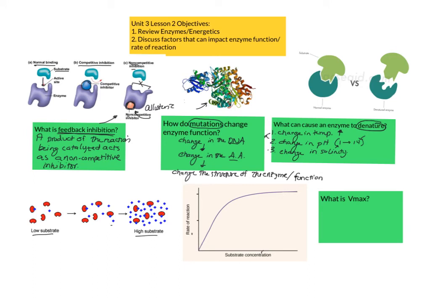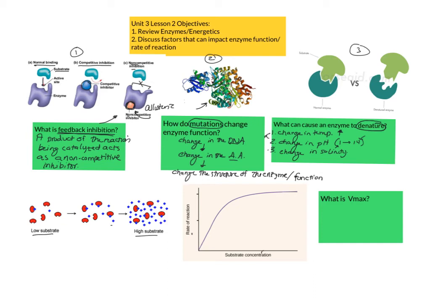All right, now all three of these examples have negatively impacted enzyme function and ultimately slowed down, if not completely stopped, the rate of reaction that the enzyme is catalyzing. I want to talk a little bit about something that can actually increase the rate of reaction. One of the things that can increase the rate of reaction is increasing the amount of substrate. Remember, substrate is what attaches to the active site.